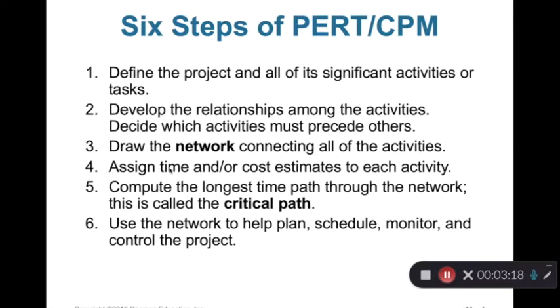Four, assign a time and a work cost estimate to each activity. Five, compute the longest time path through the network. This is called the critical path. So you should know the critical path is the longest time path through the network. And six, use the network to help plan, schedule, monitor, and control the project.